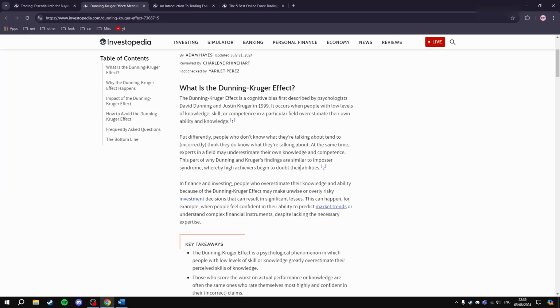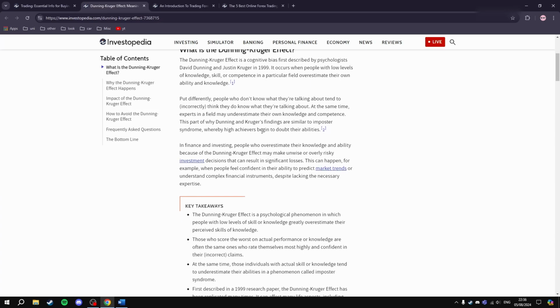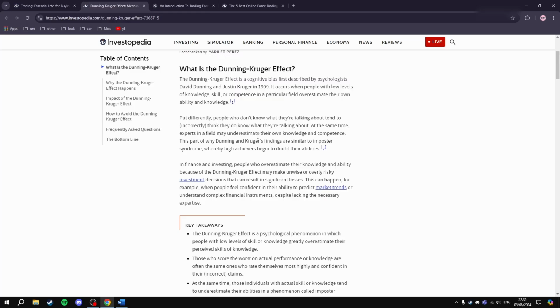Interesting. Yep, so overestimate their own ability and knowledge. Put differently, people who don't know what they're talking about tend to incorrectly think they do know what they're talking about. At the same time, experts in a field may underestimate their own knowledge and competence.